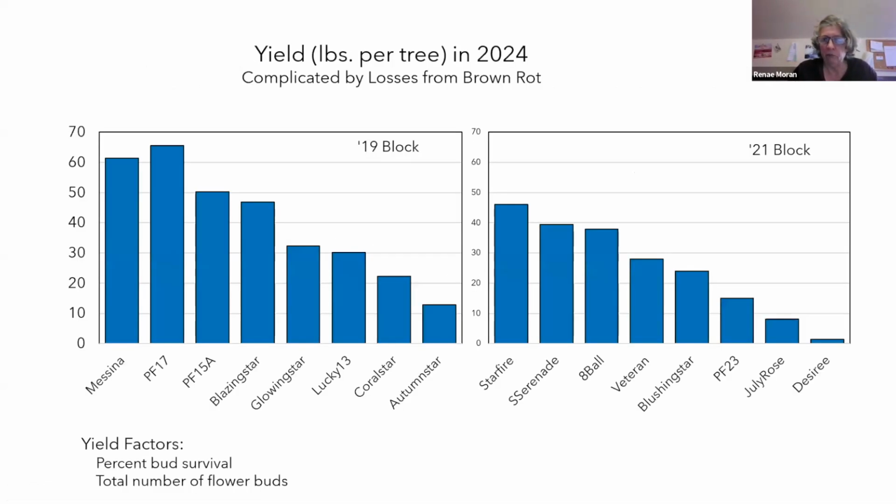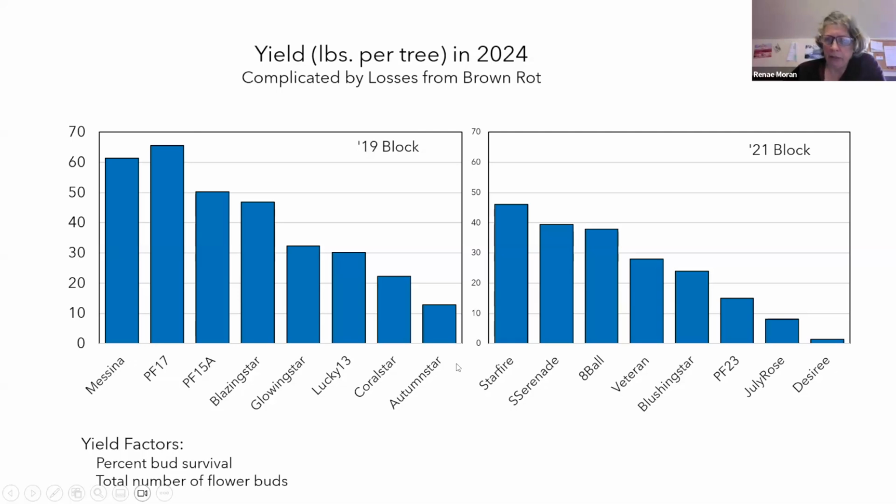And of course, the big question is, how does this affect yield? It does affect yield to some extent, but there are other factors involved. This would be the yield I measured in these trees last year in the older block and the younger block, sorted according to yield per tree in pounds per tree, with Messina and PF15A out-yielding a lot of the other varieties.